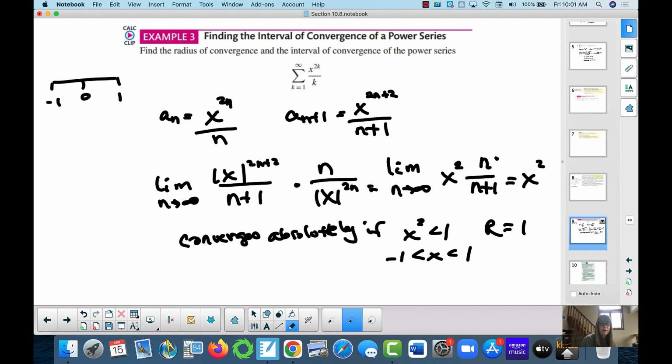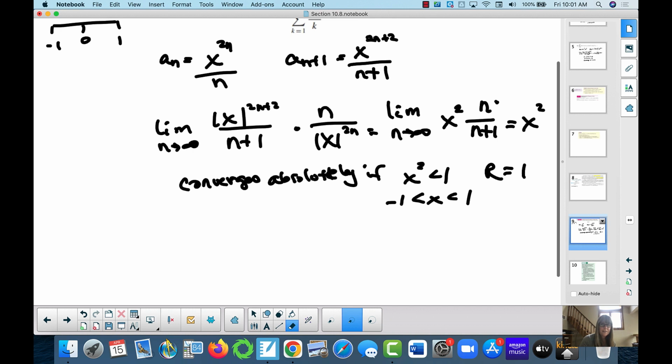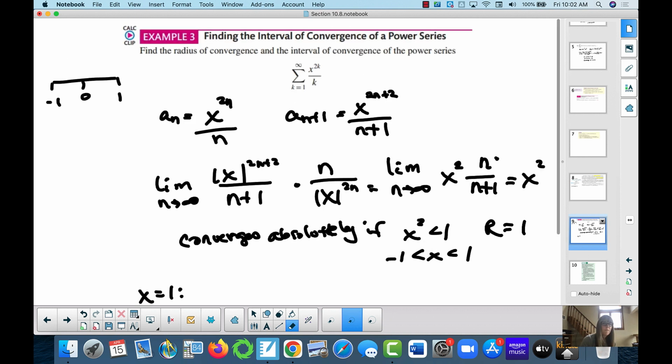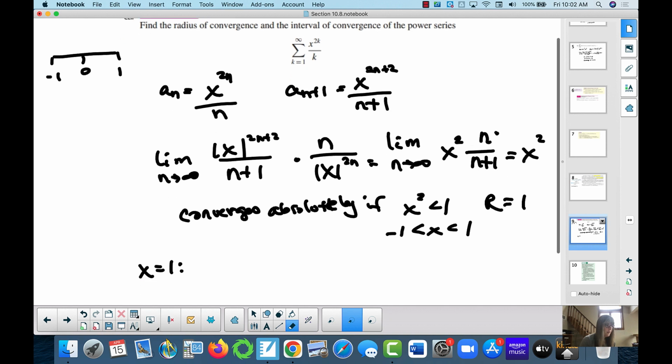Then to find our interval of convergence, we're going to have to test the endpoints, -1 and 1. So if x equals 1, then I have, if we go back to this original summation, x to the 2k over k is the same thing as I'm plugging 1 in for x.